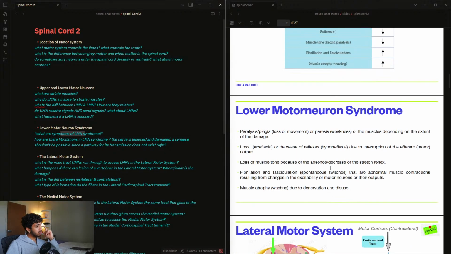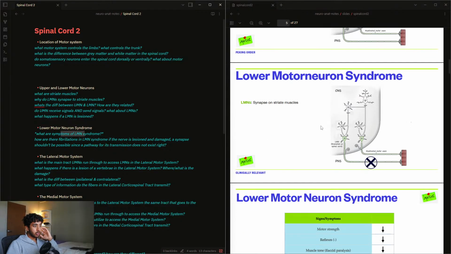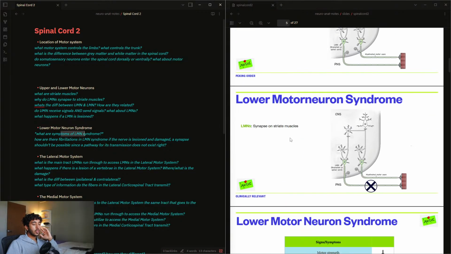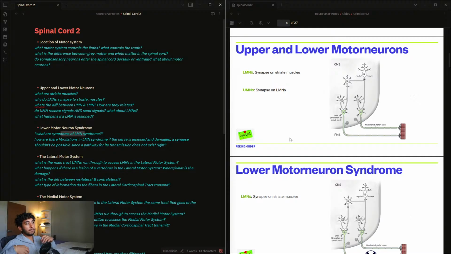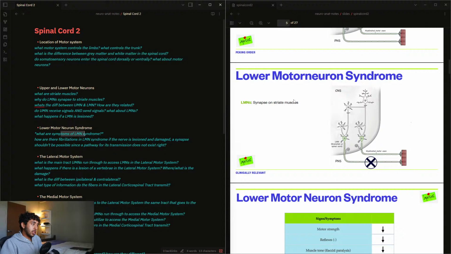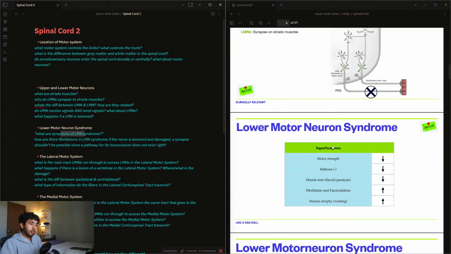Inability to move. Okay, there's a lot more to that. Lessened reflexes, they're slower. Fibrillations, fasciculations.